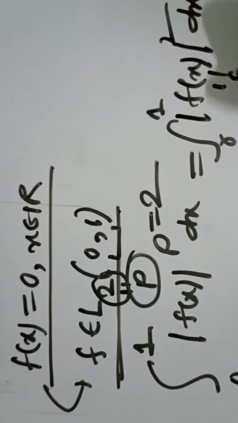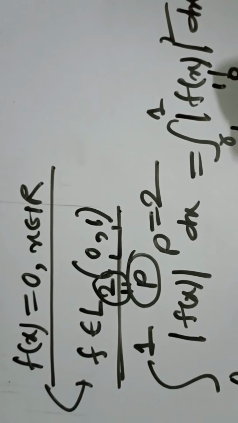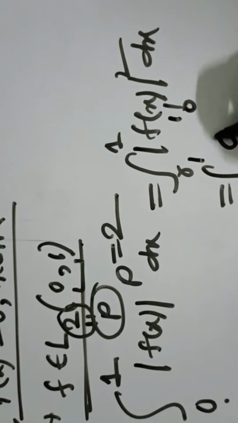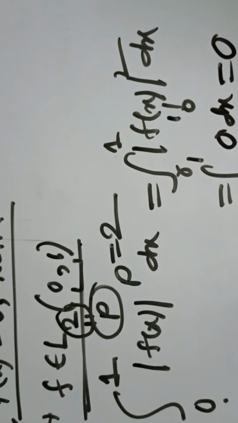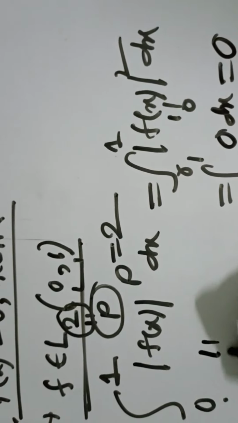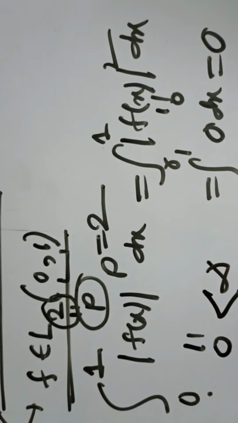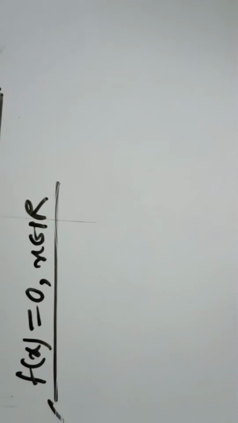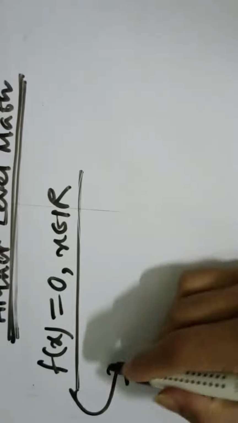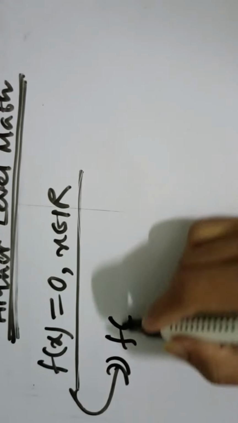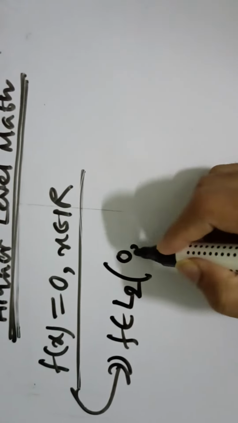If f is 0, the mod is 0, so the integral itself is 0. And 0 is always a finite quantity, so we can easily tell that the zero function f belongs to L2[0, 1].